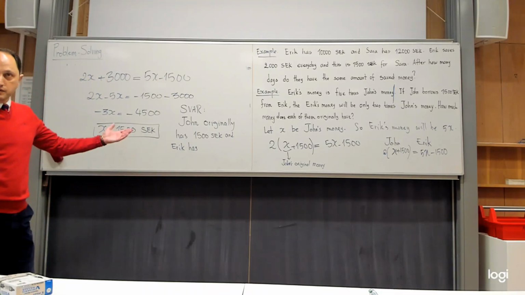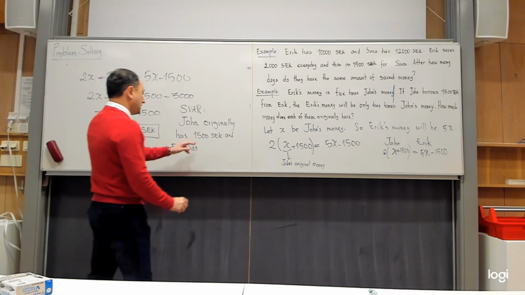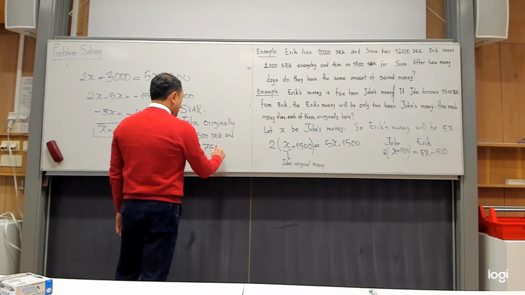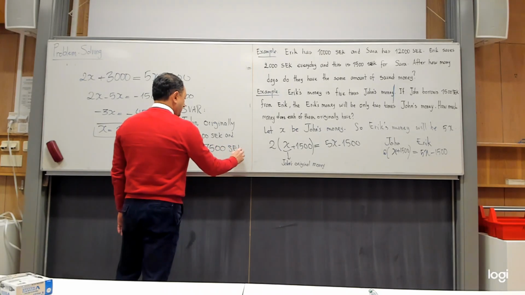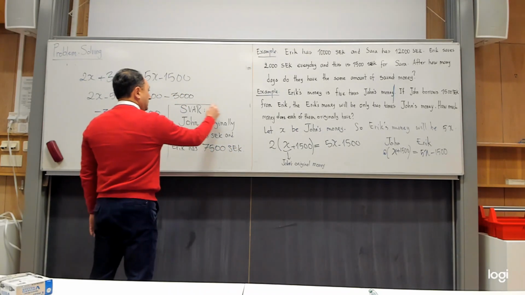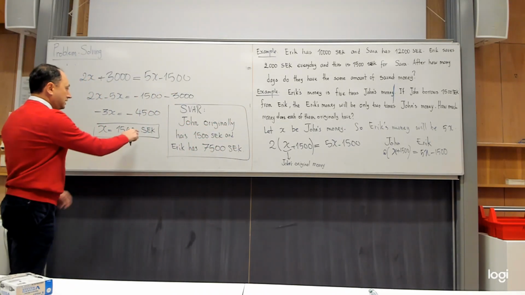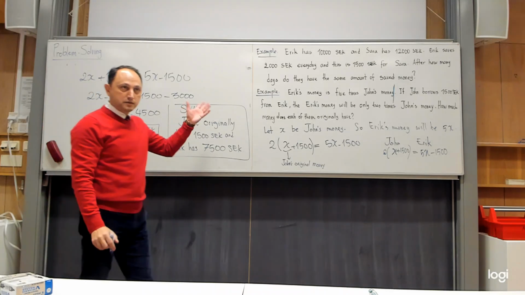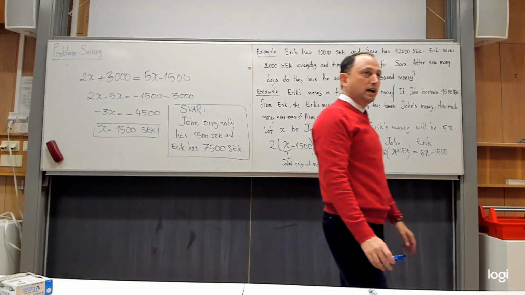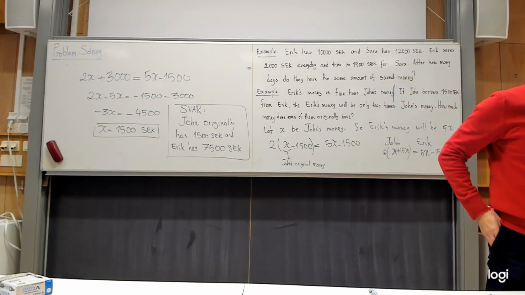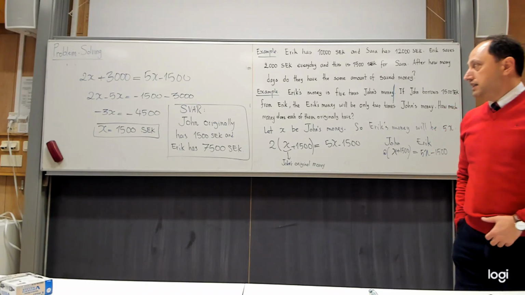Originally 5 times this number. So if you multiply that, 7,500. This you have to. And in the other problem I also forgot, when I calculated x, I need to write the units, because sometimes the number that you are looking for has a unit. You have to express the unit in the answer, and that's a must.